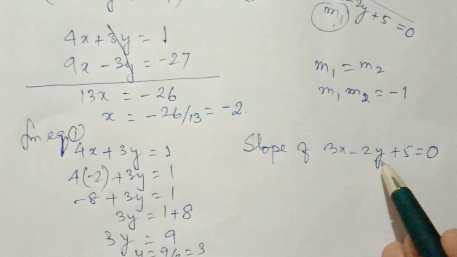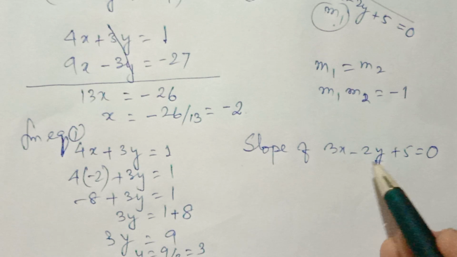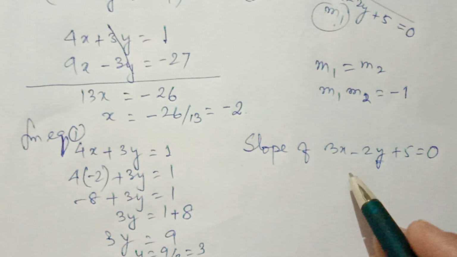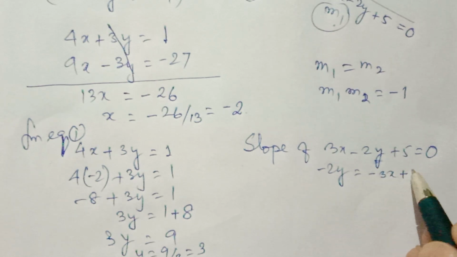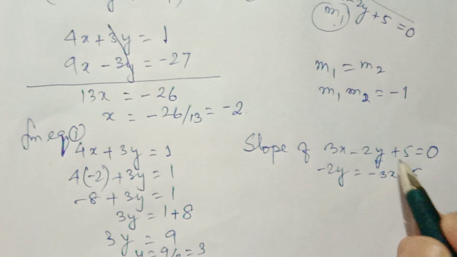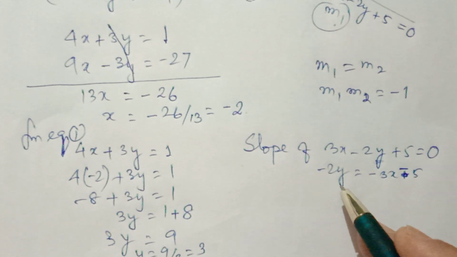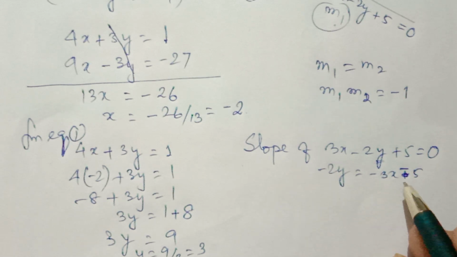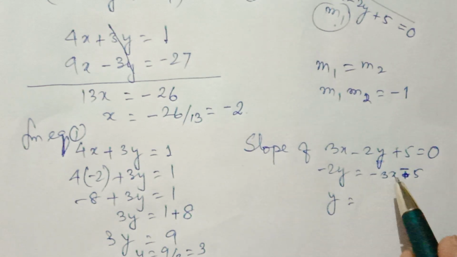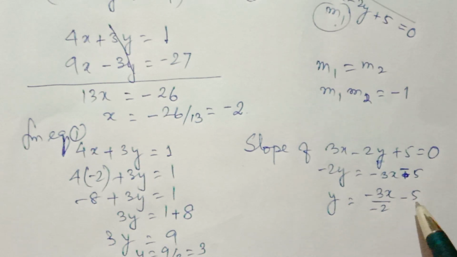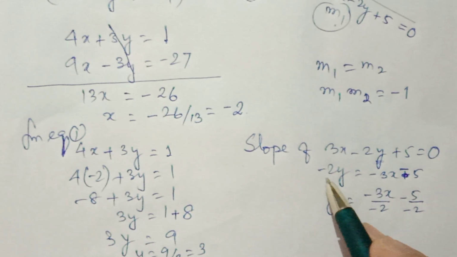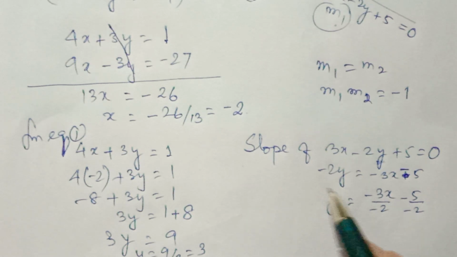Always separate y, take all the other terms on the other side. Then minus 2y equals minus 3x minus 5. Then y will be equal to minus 3x by minus 2 minus 5 by minus 2.